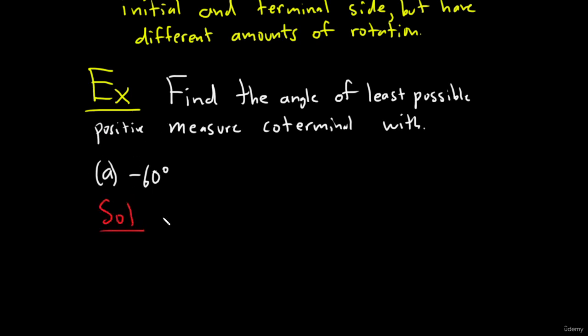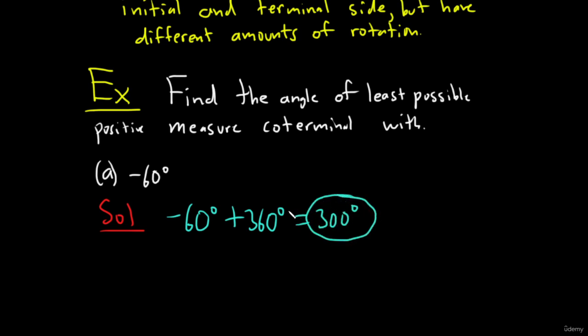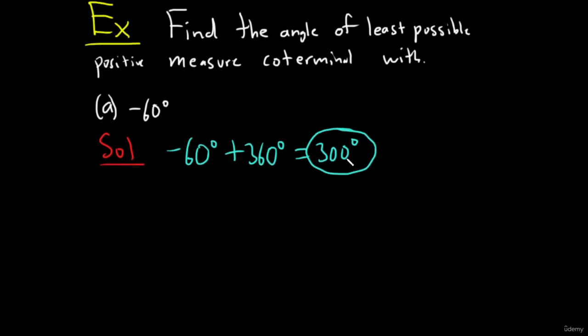If we take negative 60 and we add 360, we get 300. And that's the answer, right? That's the angle of least possible positive measure coterminal with this one. Because if you add it again, it's going to be bigger, and if you subtract it, it's going to be negative. So that's not going to work, right?